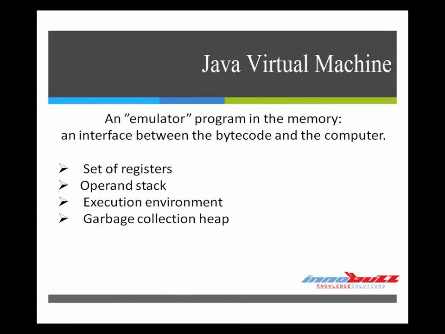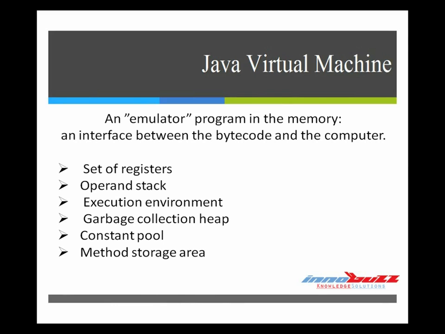Garbage collection heap. The other name of this is memory allocation pool. This provides the memory that is needed for the instances, for the objects. The constant pool. This is created at compile time, as the constants in the programs do not change their values.